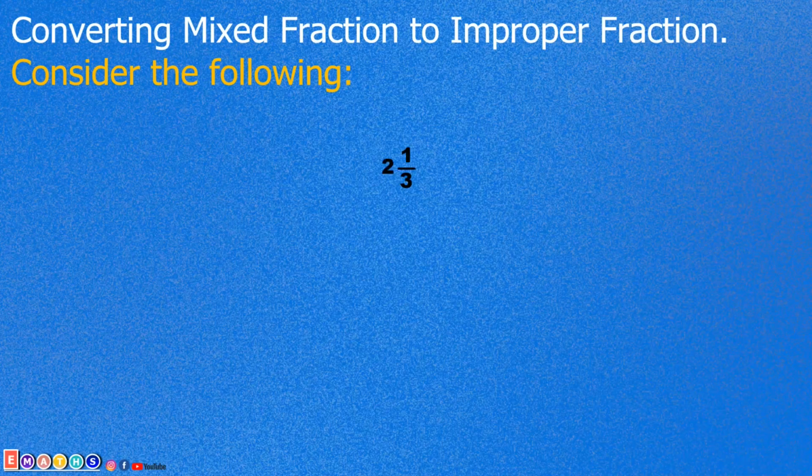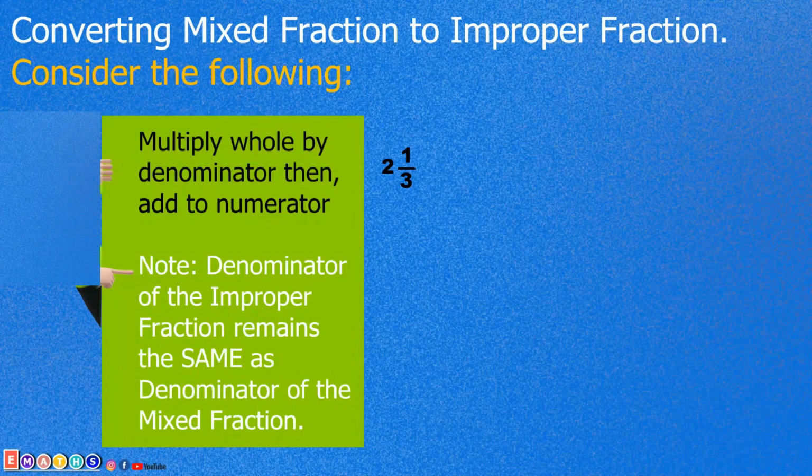Converting mixed fraction to improper fraction, let's consider the following. Here we have a mixed number 2 1/3. Just like our previous slide, we learned that to convert mixed fraction to improper fraction, we must multiply the whole by the denominator, then the answer we add it to the numerator.